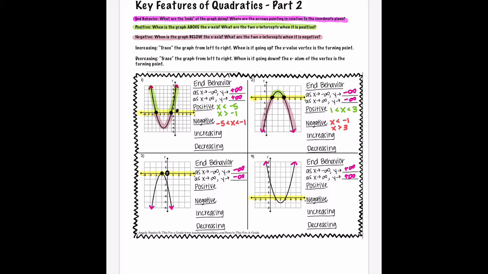So we have to think about this part of the graph and this part of the graph. They are negative, but technically when it's on that point, -1, 0, that y value is 0.